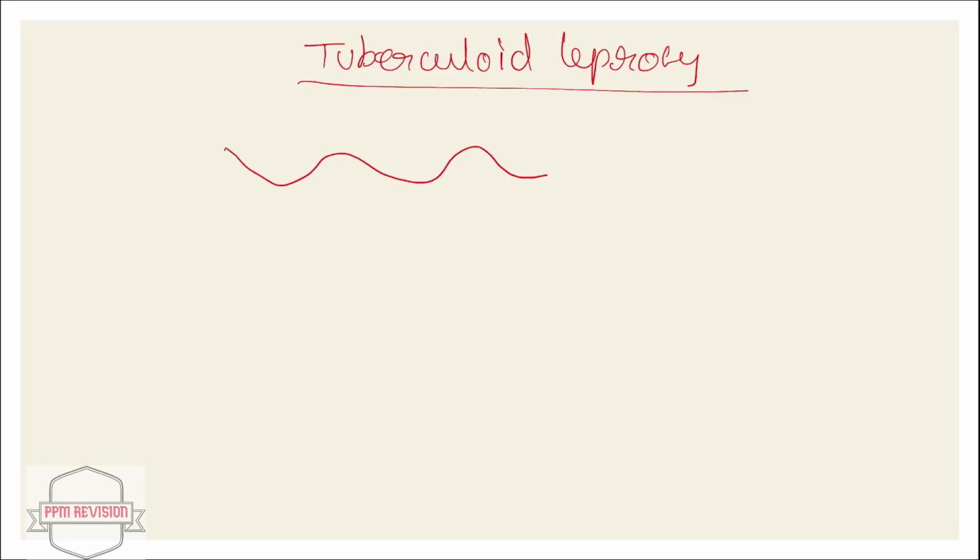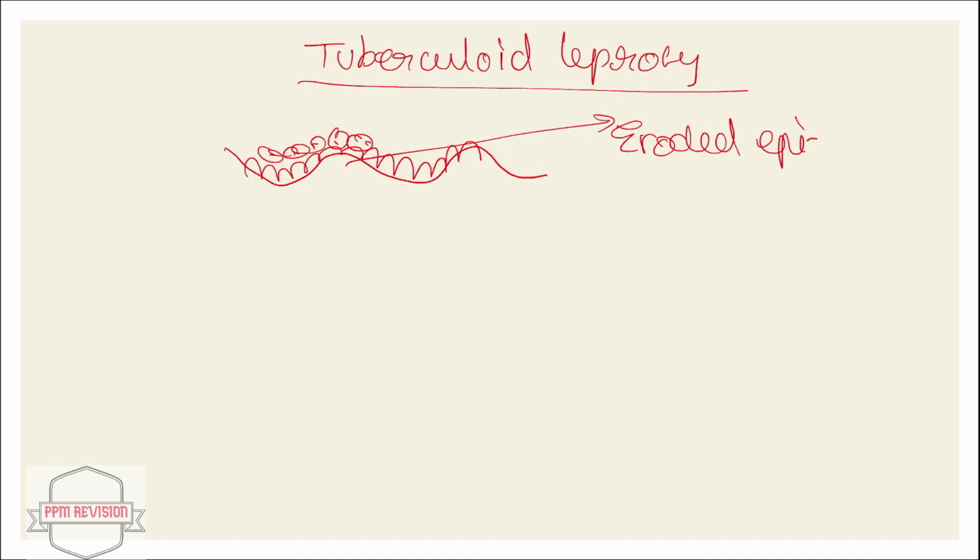Yeah, normal or thinned out epidermis is present. So let's draw the epidermis. There is usually presence of the eroded epidermis. So it can be thinned out as well as normal, as mentioned.